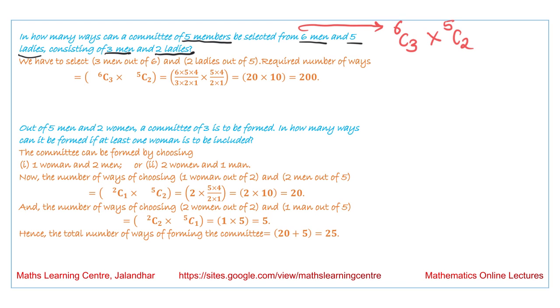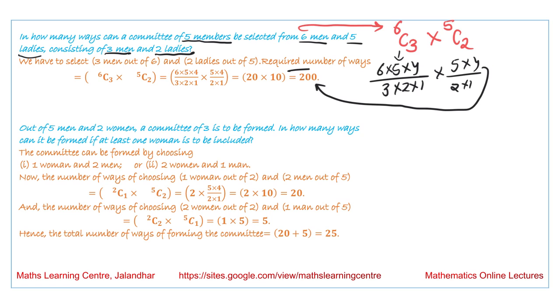Again, the ordering is immaterial, so we are talking about combination, not permutation over here. So the answer is 6 into 5 into 4 divided by 3 into 2 into 1, into 5 into 4 divided by 2 into 1, and on solving this, the answer we obtain is equal to 200.